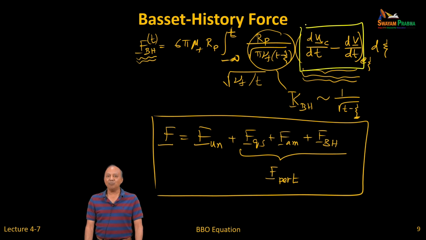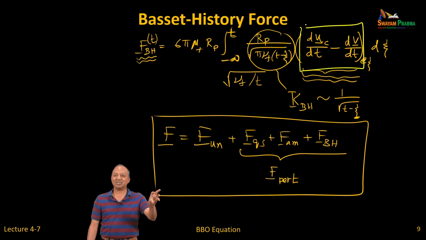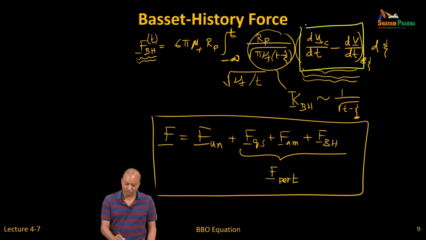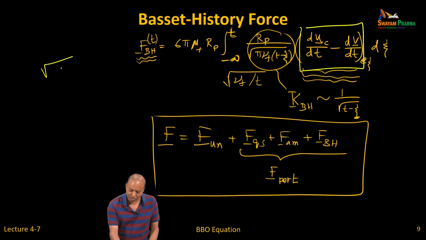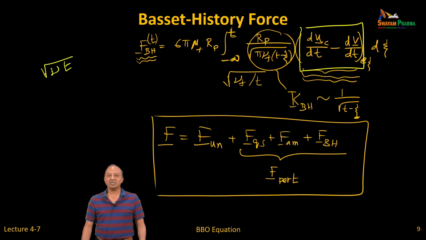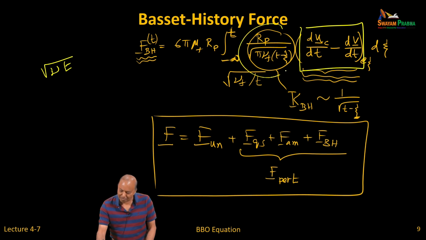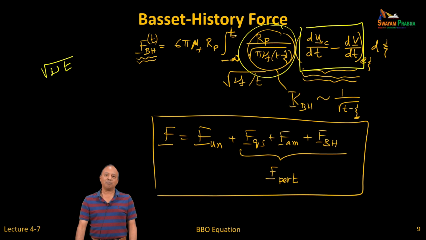But now how much you are dragging is not a constant anymore, because of the viscous boundary layer, how it grows over time. I don't know whether you have studied, the boundary layer grows as square root of nu t. The thickness of the viscous Stokes layer changes. So that's why this is a much more complicated problem.